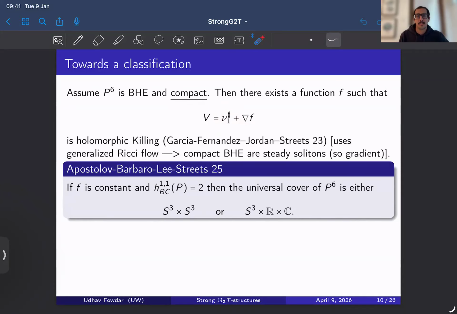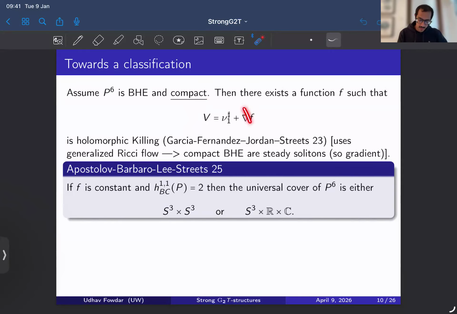This is not a trivial statement. You cannot prove it directly by computation. You have to use the theory of generalized Ricci flow. First you prove that compact Bismut-Hermitian-Einstein manifolds are steady solitons, and then use the fact that solitons of the generalized Ricci flow have to be gradient, and this spits out the function f. This is how you prove that there exists a holomorphic Killing vector field which satisfies this condition here.